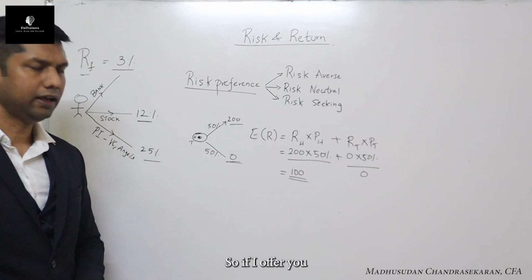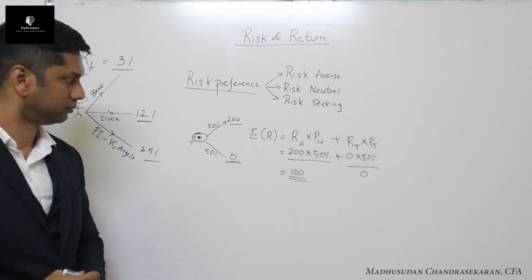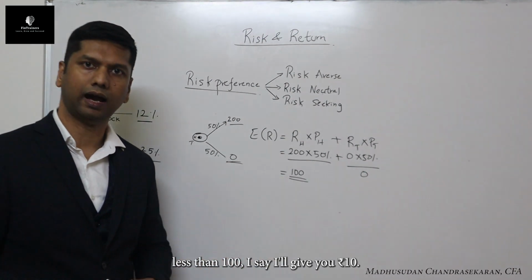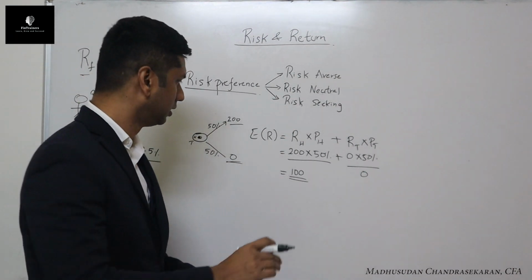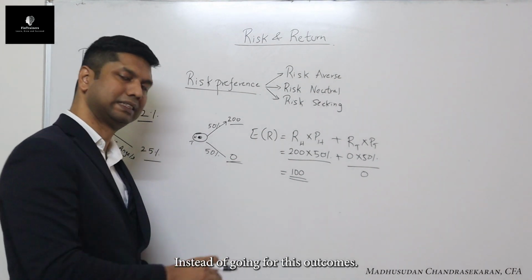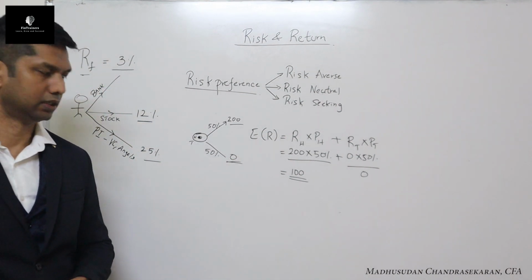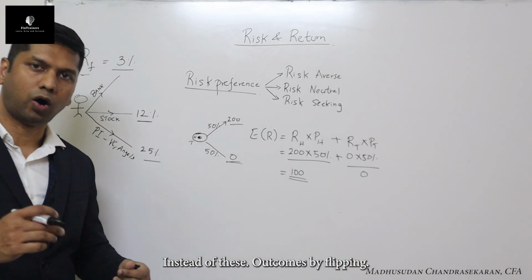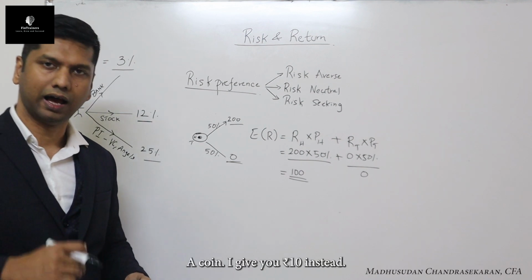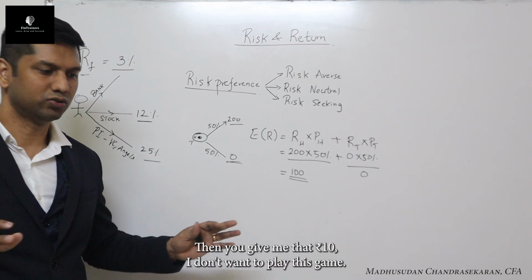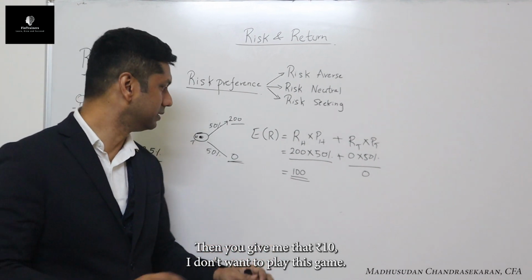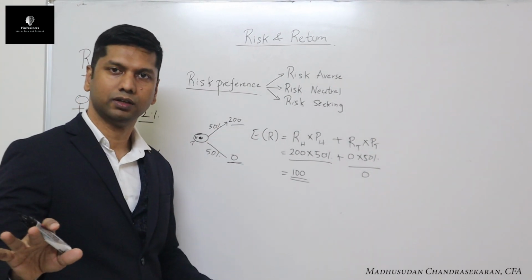So if I offer you less than 100, I say I'll give you 10 rupees instead of going for these outcomes by flipping a coin, I give you 10 rupees instead. Then you say, give me the 10 rupees. I don't want to play this game.